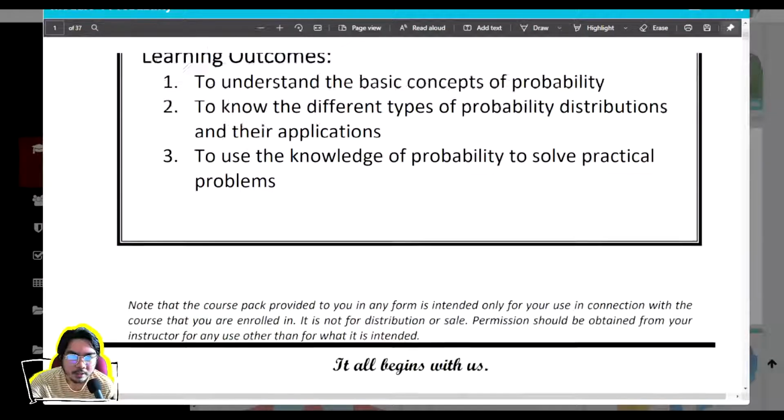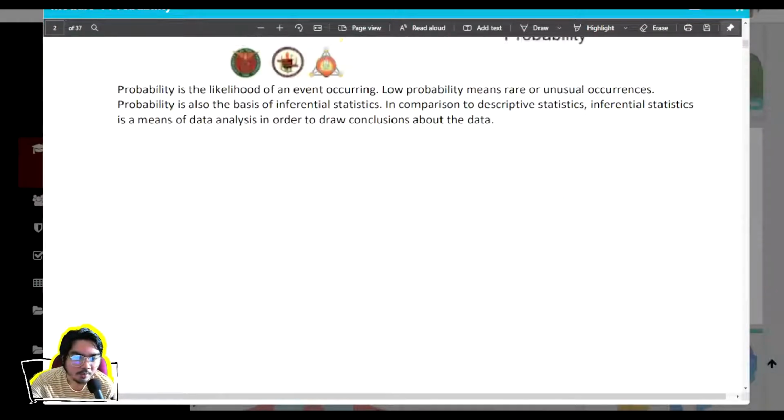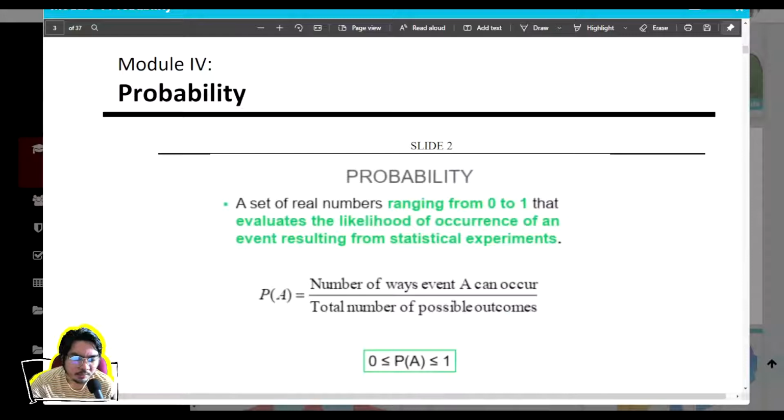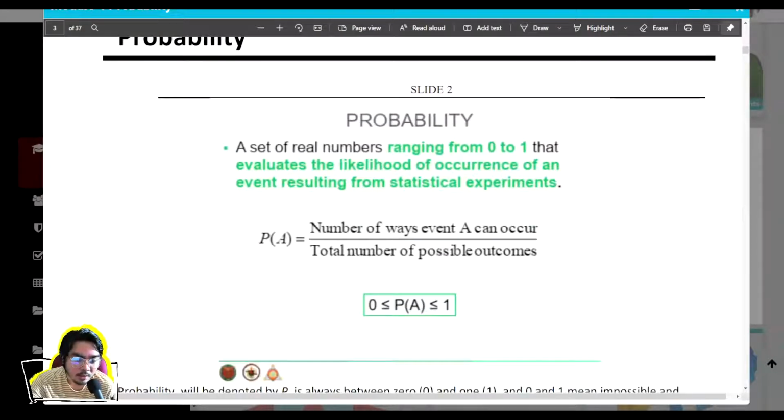Okay. So probability is, and I'll just skip ahead to the important parts dito, no. So probability is the likelihood of something to occur, no. So it's usually given by this equation. So we have P of A, where A is an event. So we call this as the probability of event A occurring. And this is equal to the number of ways which event A can occur divided by the total number of possible outcomes.